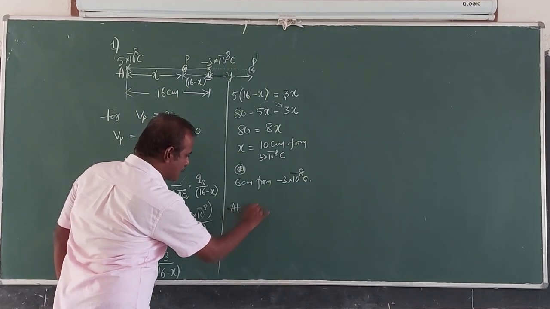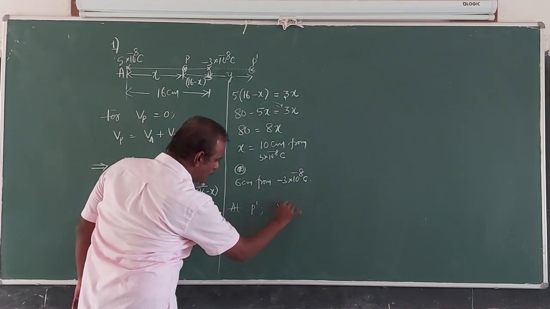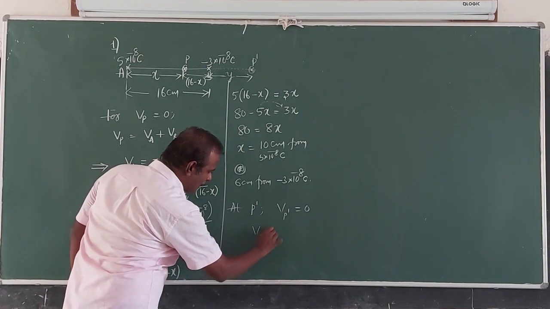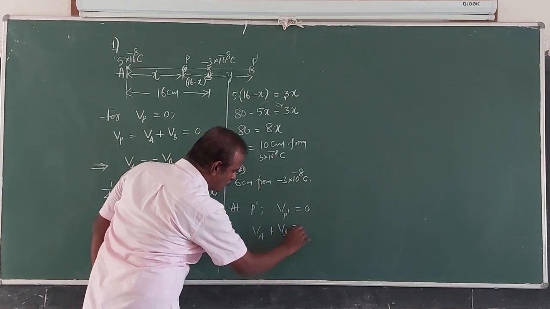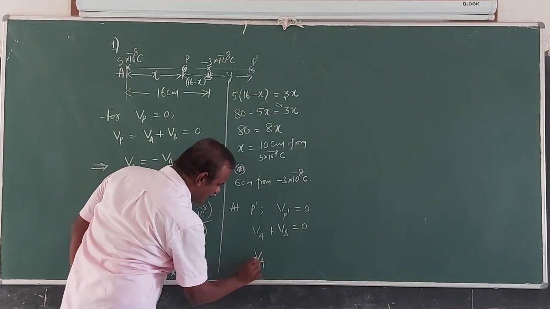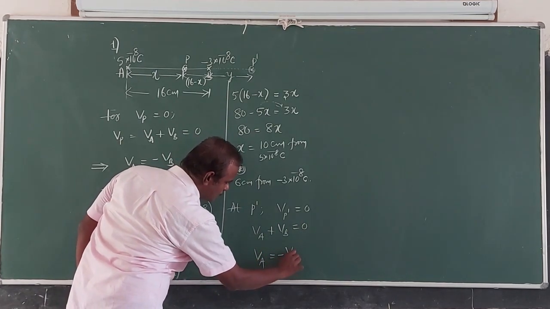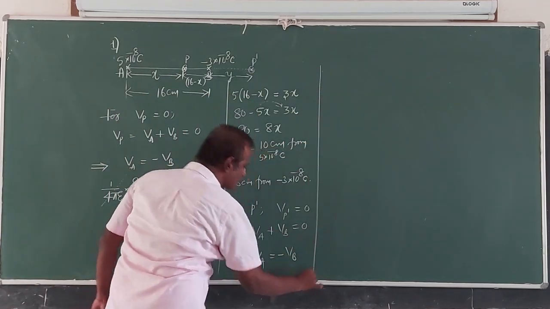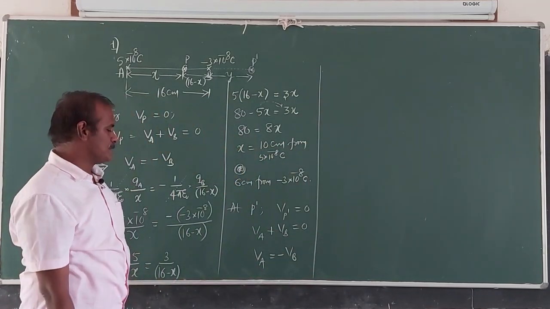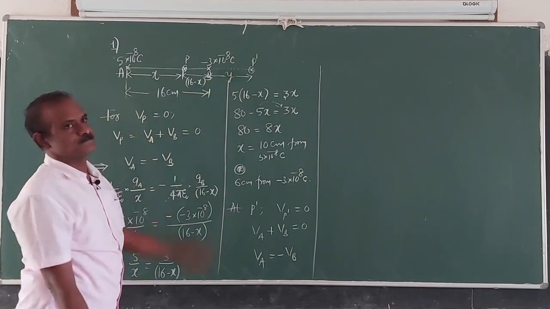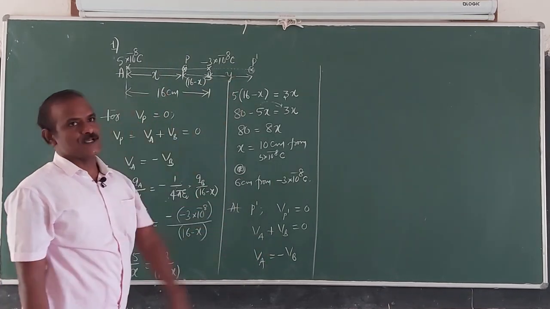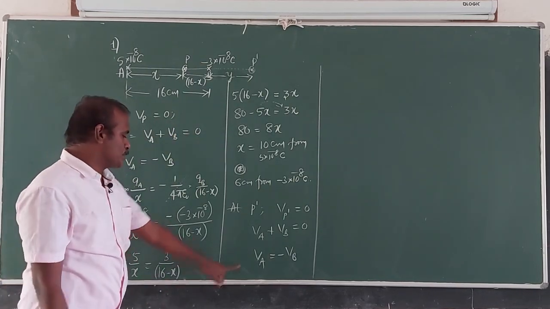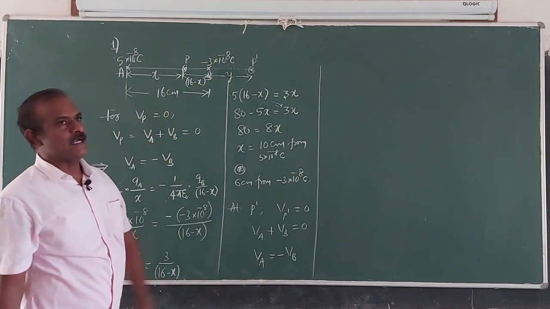At P dash, potential Vp dash is equal to 0. Same, Va plus Vb is equal to 0. Va is equal to minus Vb. Well students, now Va at P dash, Vb at P dash, potential due to charge at B at P dash, potential due to charge at A at P dash.